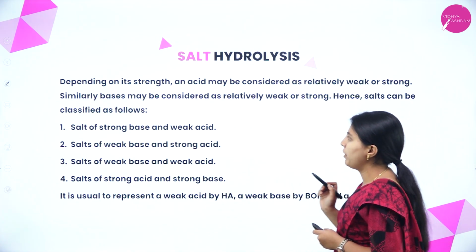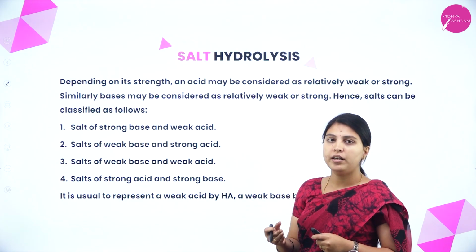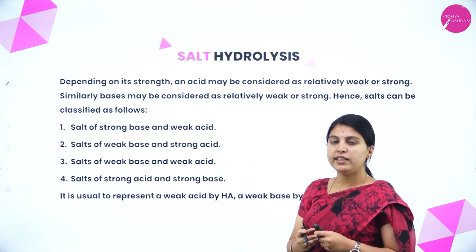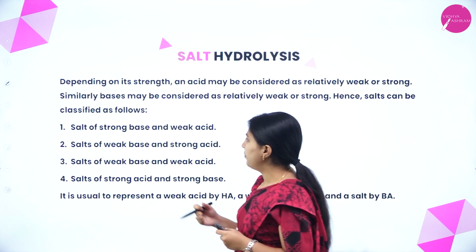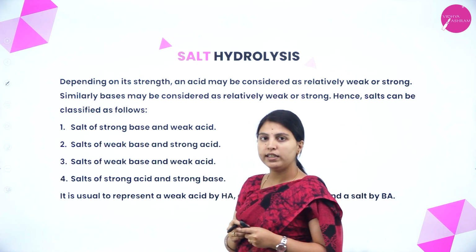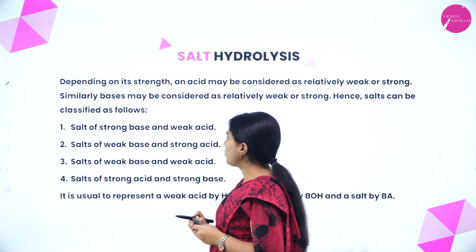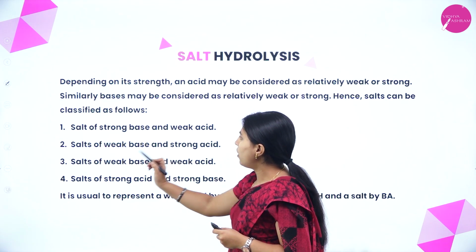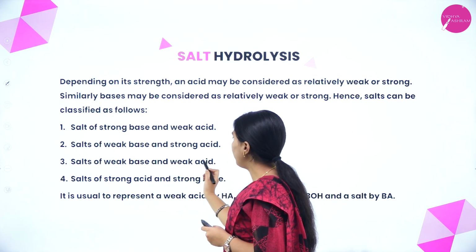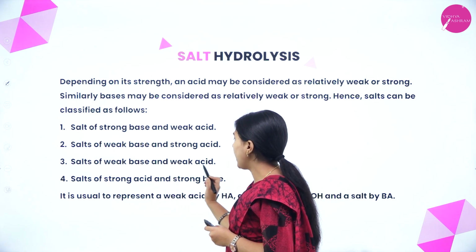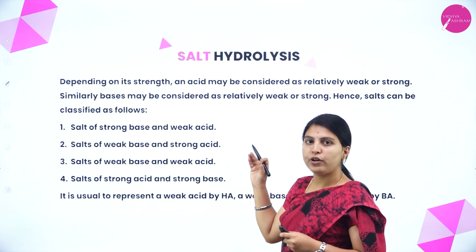Hence, salts can be classified as follows: salts of strong base and weak acid, salts of weak base and strong acid, salts of weak base and weak acid, and salts of strong acid and strong base. These are the four types of salt.